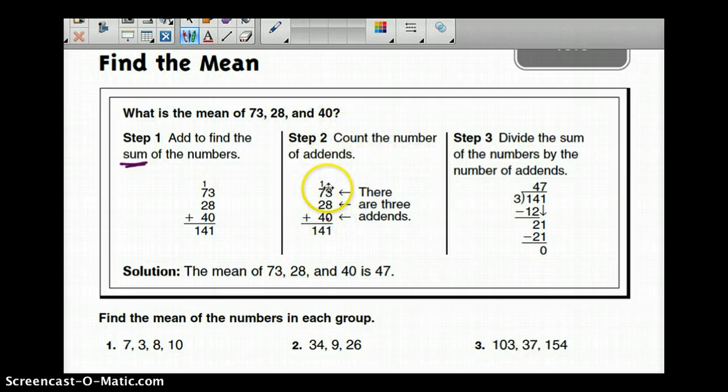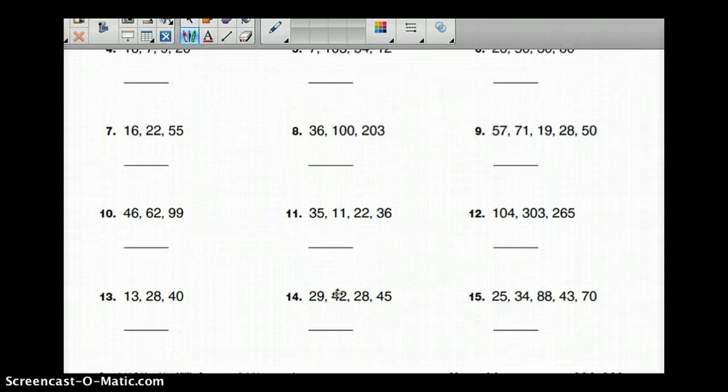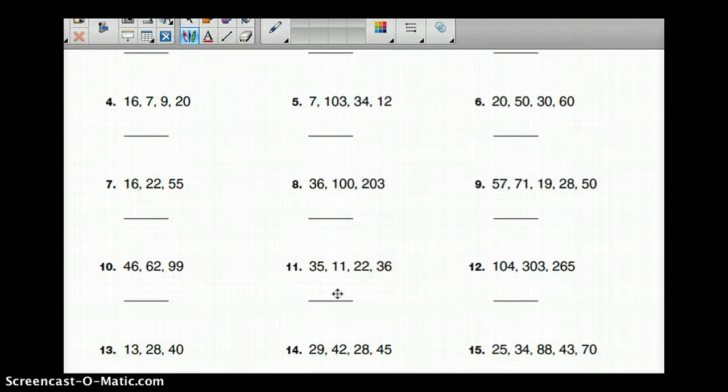Count the number of add-ins, so this would be 1, 2, 3. Divide that number to find out what your mean is, or the average number. There are 15 problems for your homework. You're doing all. When you're finished, you're working on iExcel, and there is a new one posted on the board.